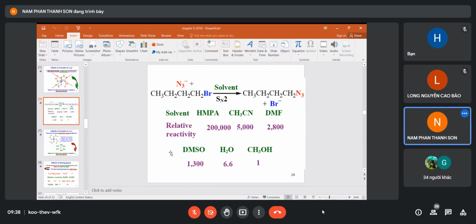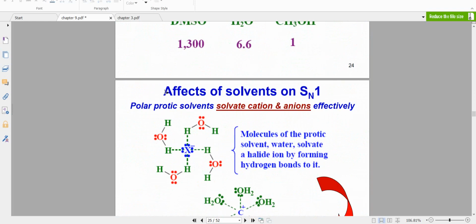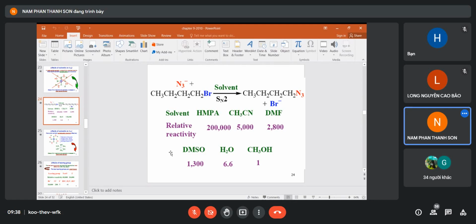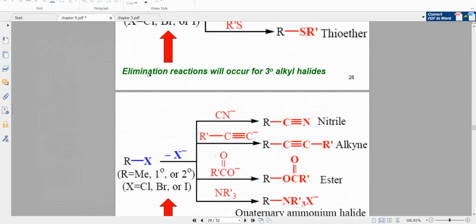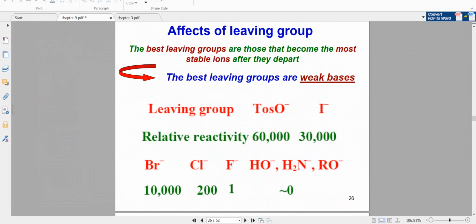Everyone, take note. Note number 1: for protic solvents like water, methanol, ethanol, we have SN1 reactions.